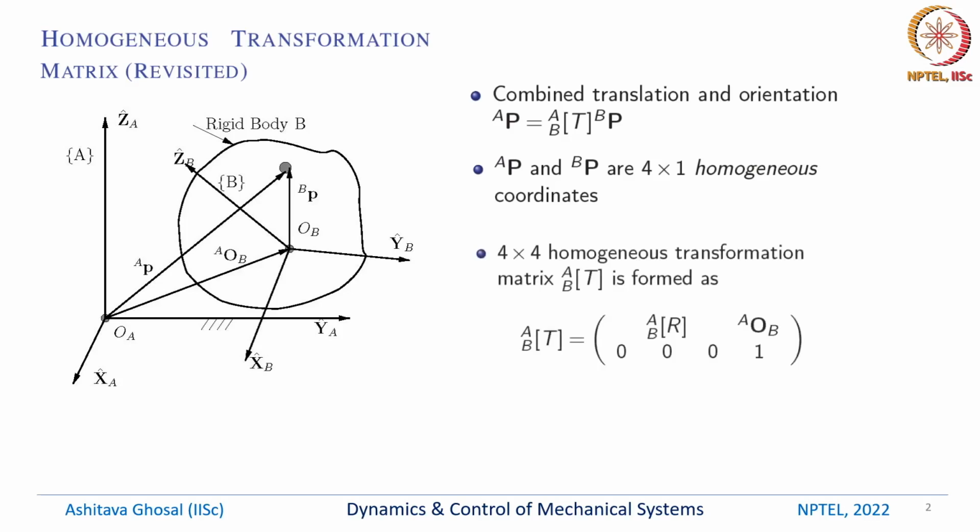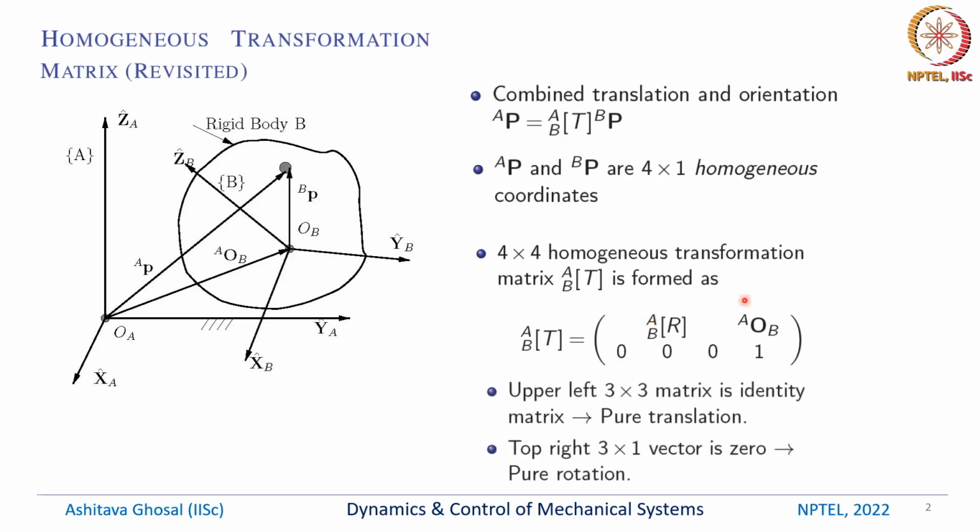position vector. The 4x4 homogeneous transformation matrix ABT is formed from the rotation matrix, which is ABR, and the position vector locating the origin of the B coordinate system. So this part is a 3x3 rotation matrix, and this is a 3x1 column vector, and the last row is 0 0 0 1. See, if the upper 3x3 matrix is identity, then it is a pure translation of this rigid body.